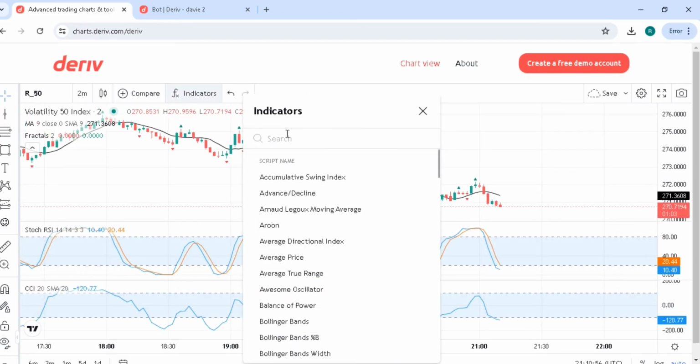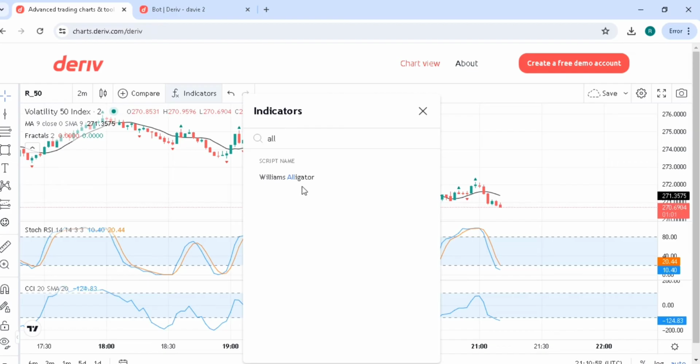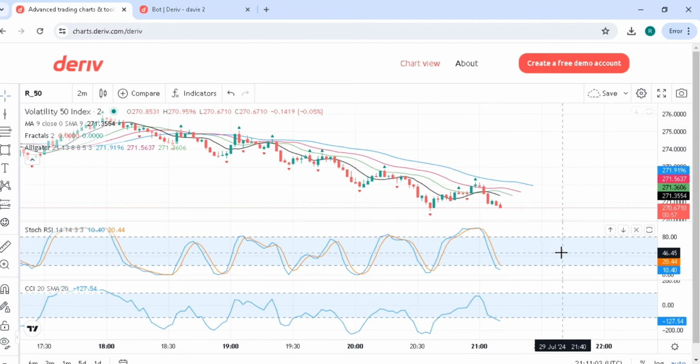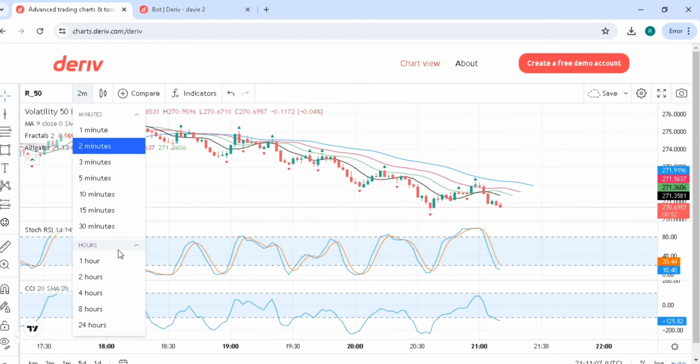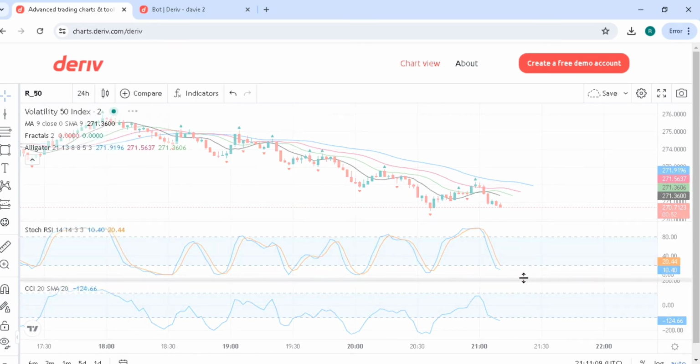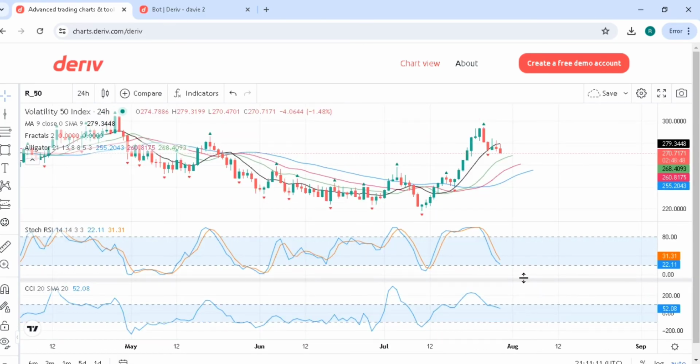So we can also add the Williams alligator now. See how it is well separated. So in 24 hours this is V50. In 24 hours it's falling.